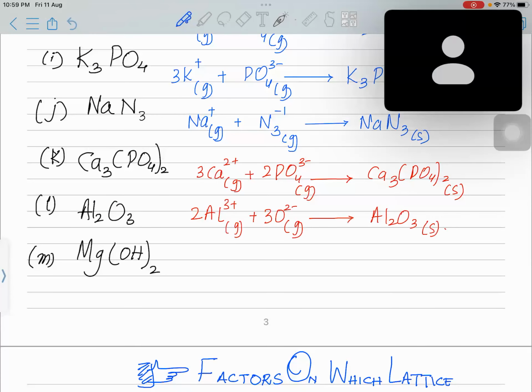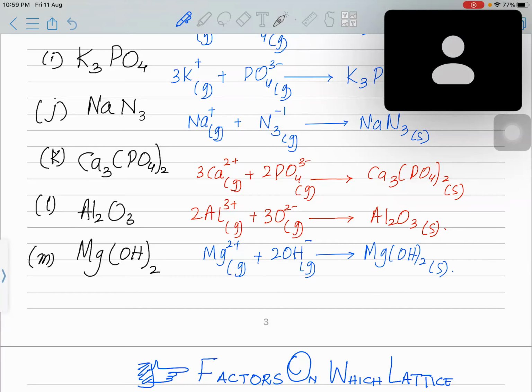Yes, sir. Mg2+ gaseous plus 2OH- hydroxide gaseous, to form magnesium hydroxide Mg(OH)2 solid.